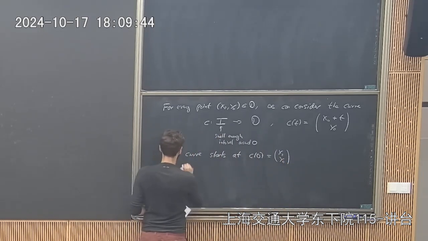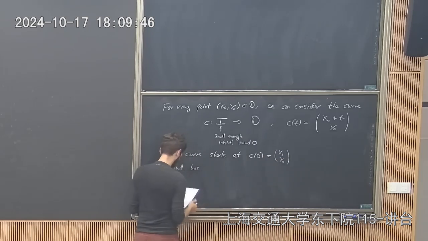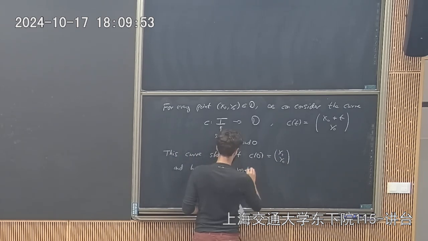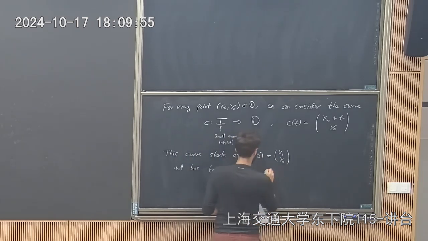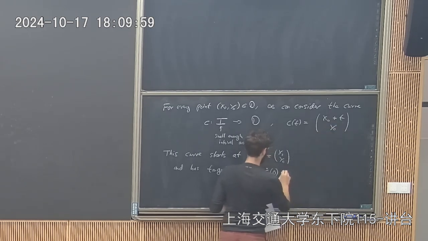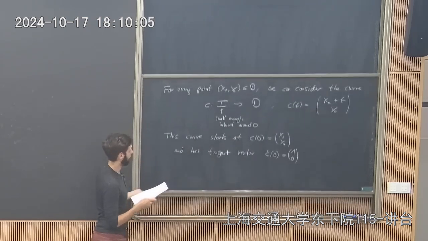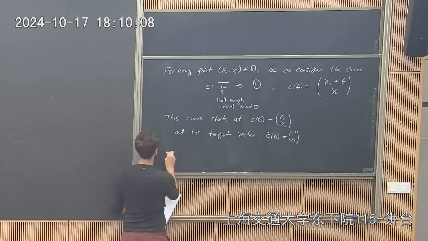And as tangent vector at 0, you take the derivative with respect to t, and this is just (1, 0).